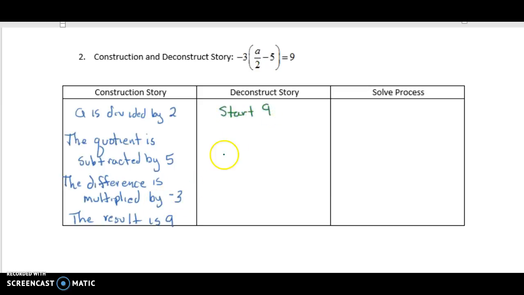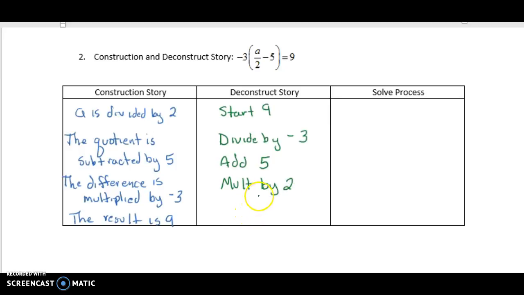And then, we had to multiply by -3, so now we're going to divide by -3. And we subtracted 5, so now we're going to add 5. We divided by 2, so that means we're going to multiply by 2, and that's going to give us the value of a.